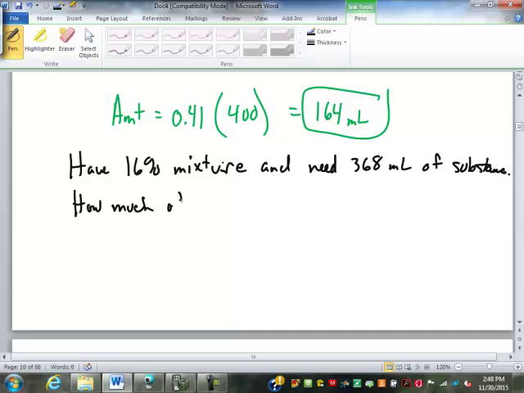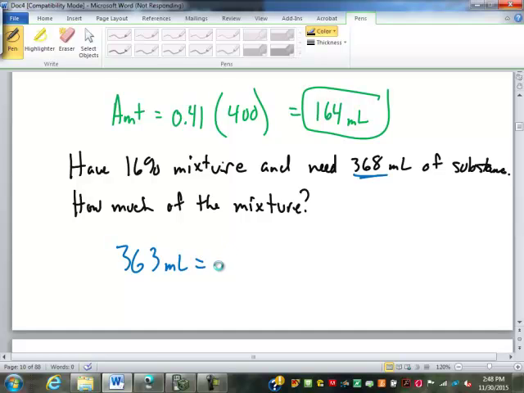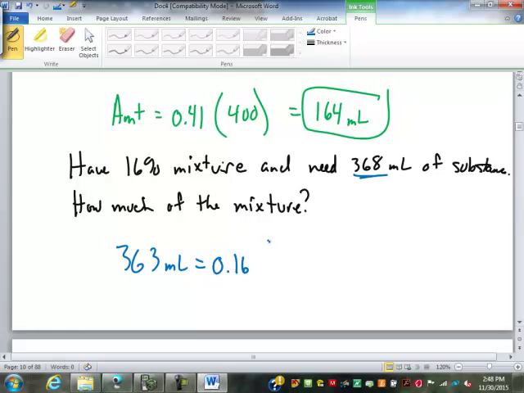How much of the mixture do we need? So in this case, we need 368 milliliters of the substance. We need 368 milliliters as our amount of the active substance. Our concentration is 16%, and we are looking for the total amount, the total volume.